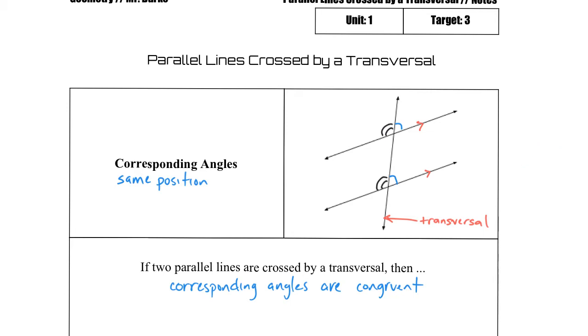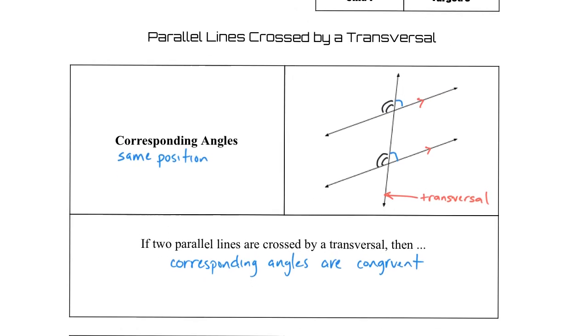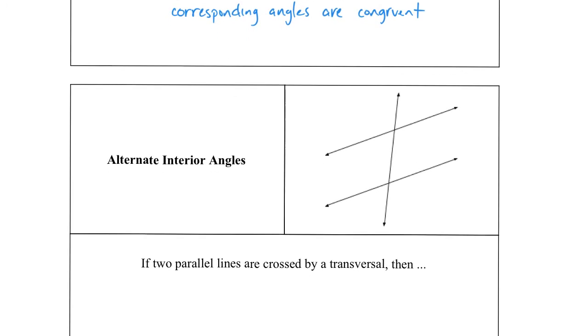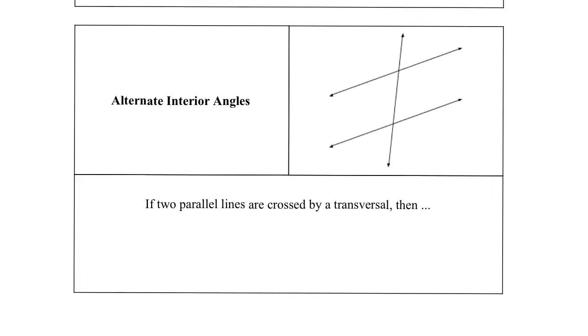And the rest of them, the other 4, it's actually not that hard to find them because the name tells you where to look. So for example, this one here is alternate interior angles. Well, the word alternate means that one angle is going to be on one side of the transversal and the other angle is going to be on the other side of the transversal.